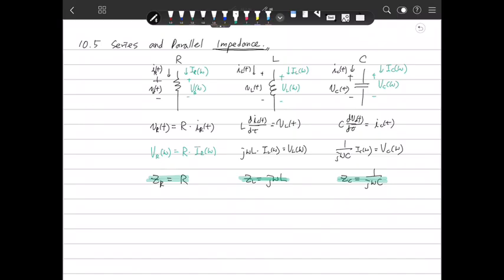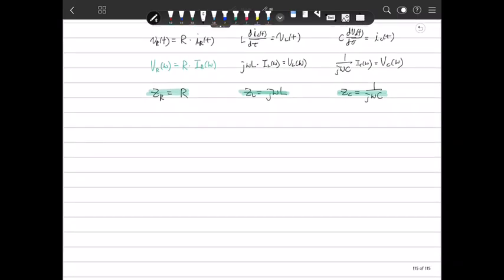So if impedance is connected this way, this is Z1 and Z2. Actually, I don't know whether Z1 is a resistor, inductor, or capacitor. We don't care about that. From the viewpoint of the frequency, this element is something depending on the frequency. That's all.